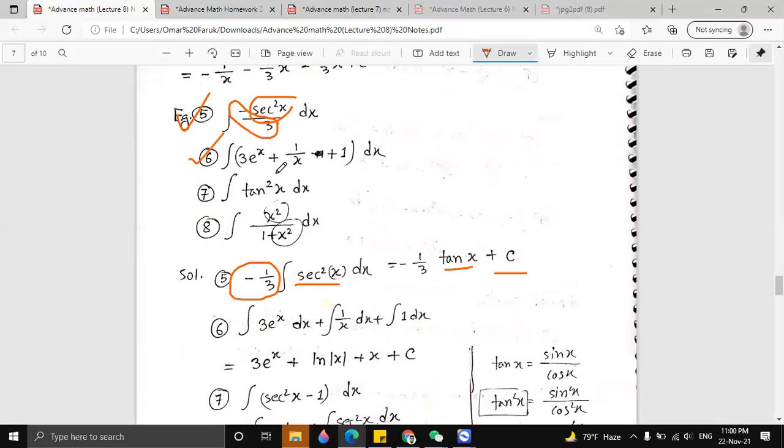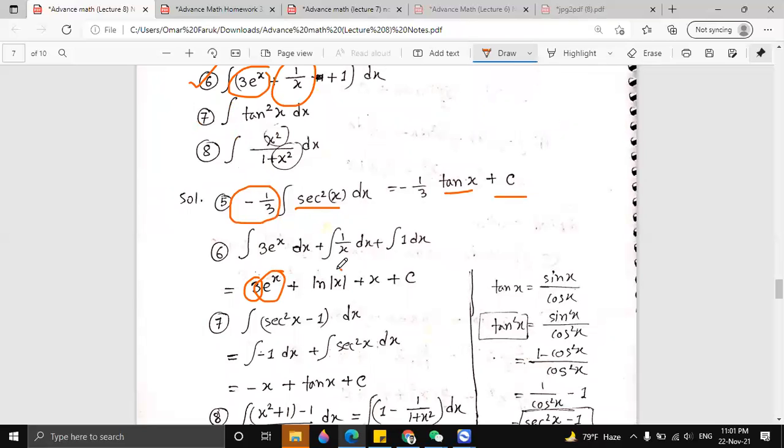The next one, integration of 3 e to the power x plus 1 by x plus 1 dx. So we know that integration of e to the power x is the same, e to the power x. So this constant is here. And integration of 1 by x, this is our formula, is equal to ln x.